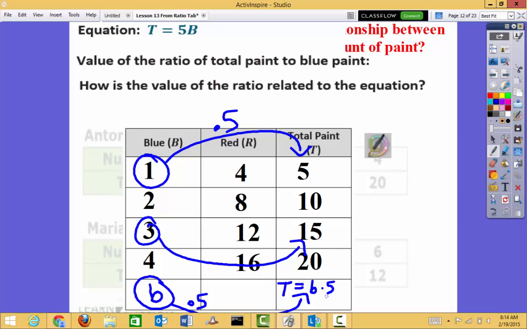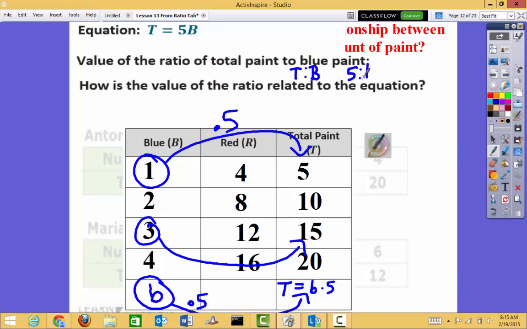So now it's asking us to do what? The value of the ratio of the total paint to blue paint is what? So remember, the value means what? A simplified fraction. So I'm finding my total paint to my blue paint. And what is that? Well, that's going to be 5 to 1.